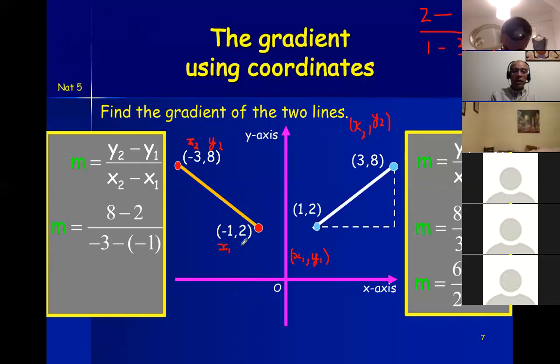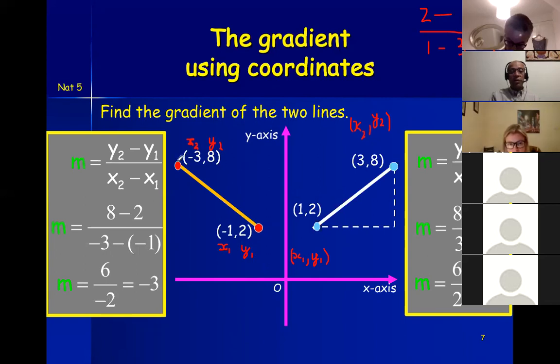And y1 is this one. So 8 minus 2 is 6. Negative 3 minus negative 1. A minus makes it a positive 1. So you get 8 minus 2, 6, over minus 3 plus 1, which is minus 2. And 6 divided by minus 2 is just minus 3.